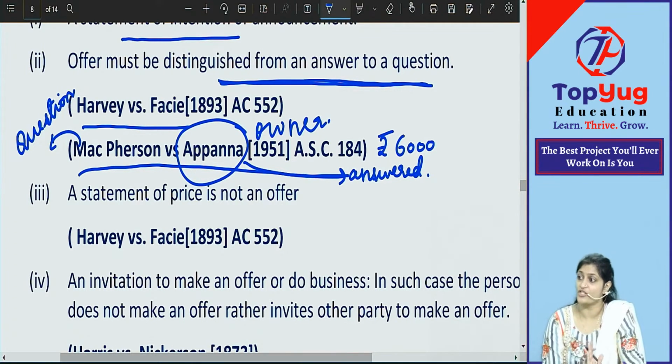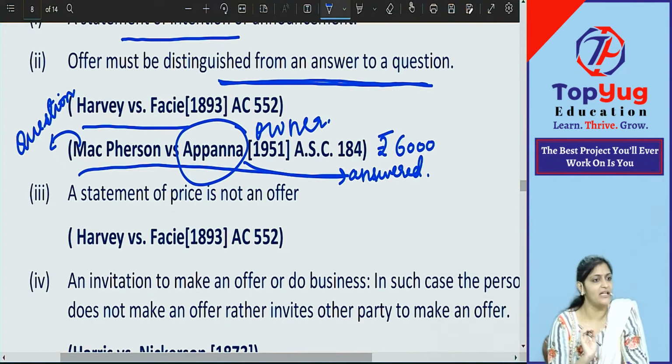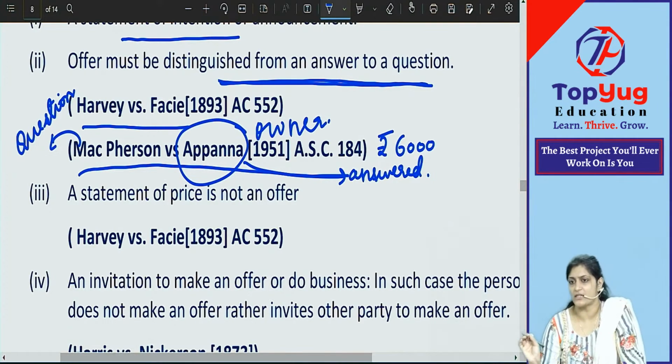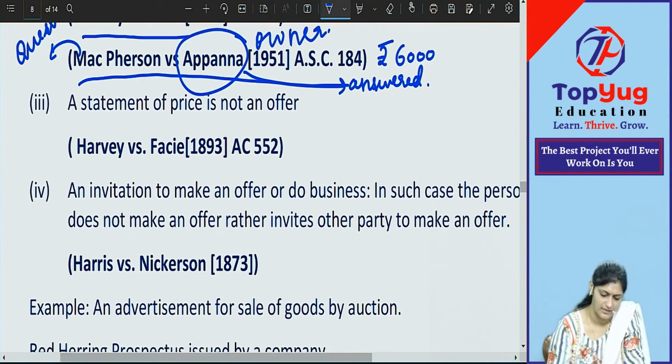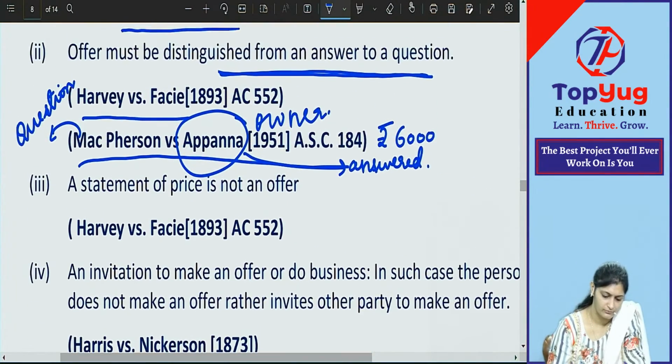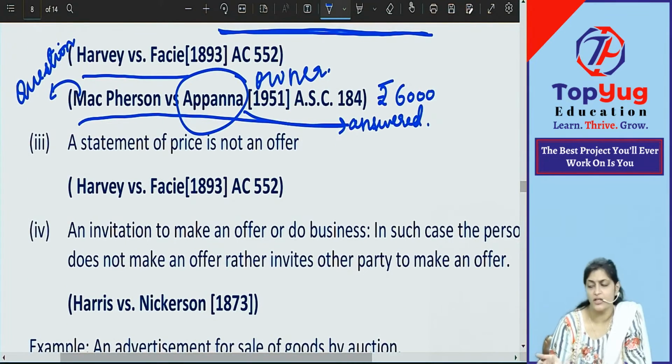Only it was answer to question, but there was no acceptance. So here also it was decided that mere answer to question should not be considered as acceptance. There is no offer, there is no acceptance here. Sorry, mere answer to question is no offer here actually. Okay.